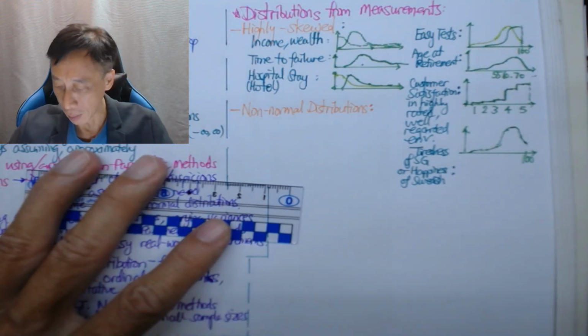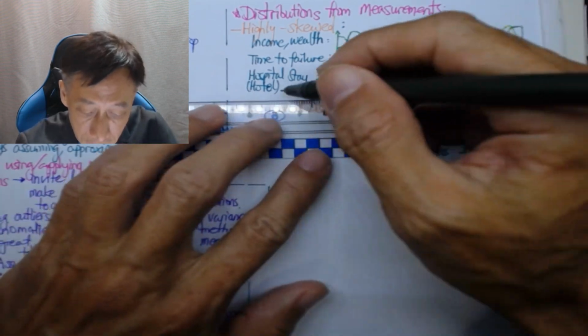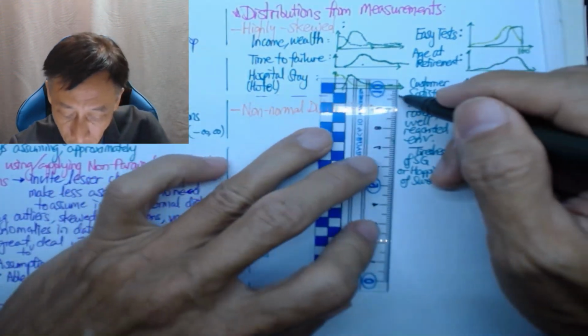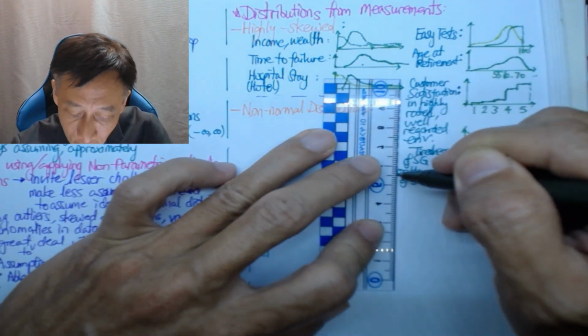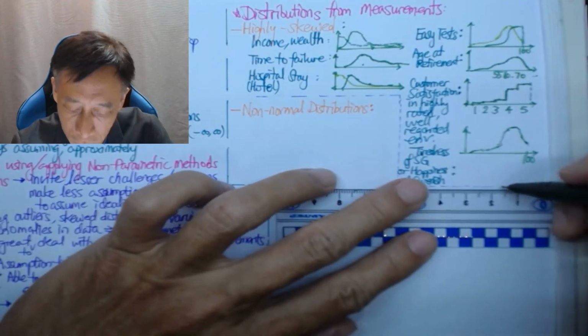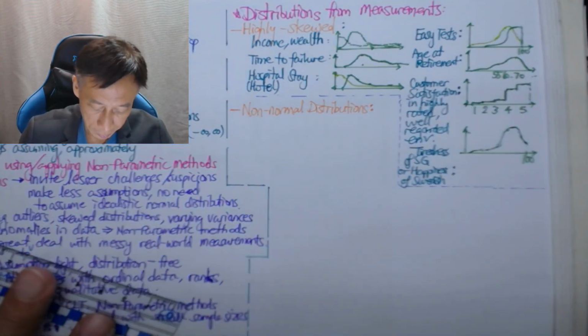That's the setting that we have. So from our measurements, from the real life context or environment, we already know that it is non-normal. That's what we are saying here. Non-normal distributions.